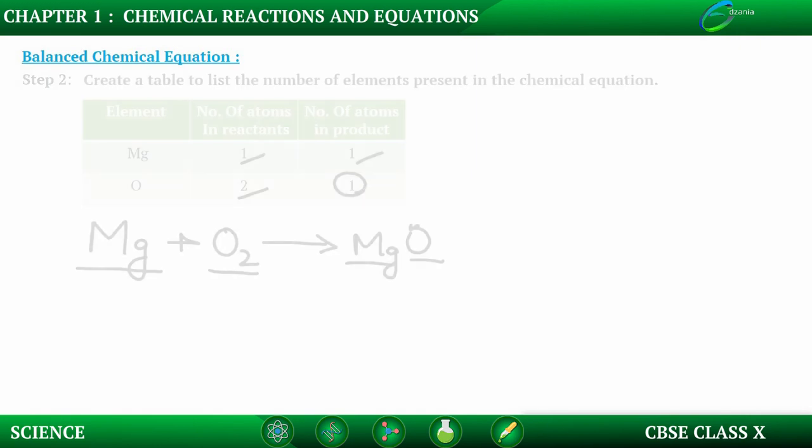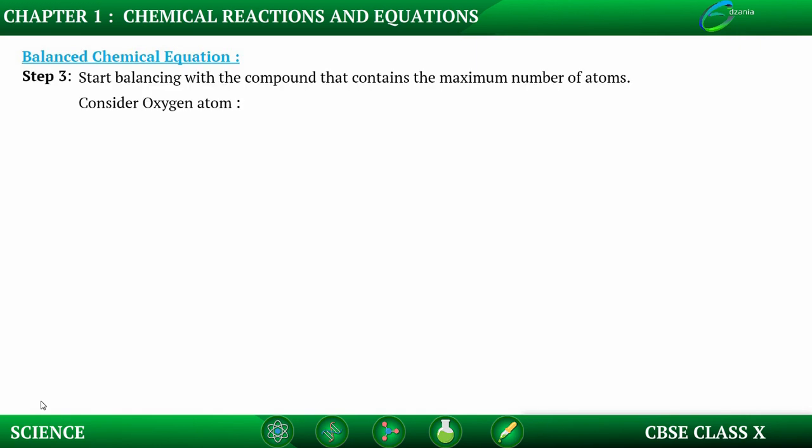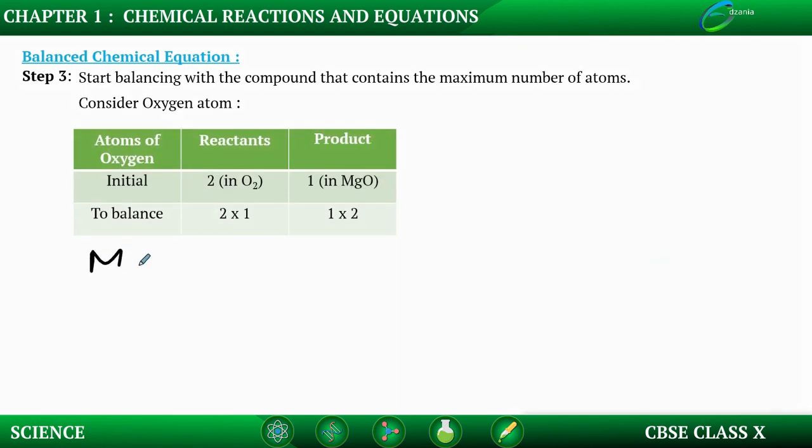Thereby, step 3 is to balance the compound that contains the maximum number of atoms. From our previous table, we are considering the oxygen atom. According to this equation, initially oxygen has 2 atoms, and in the product oxygen has 1 atom.